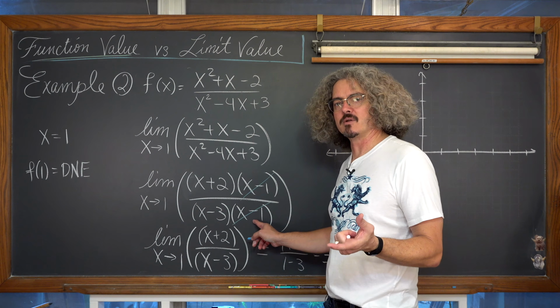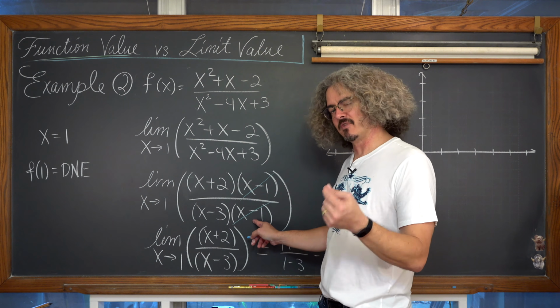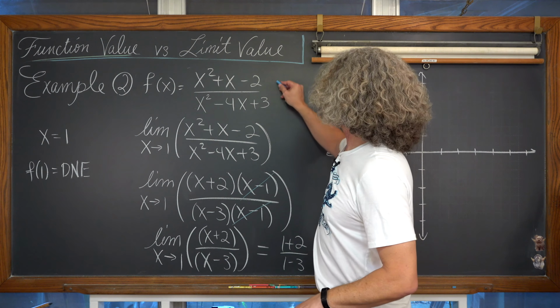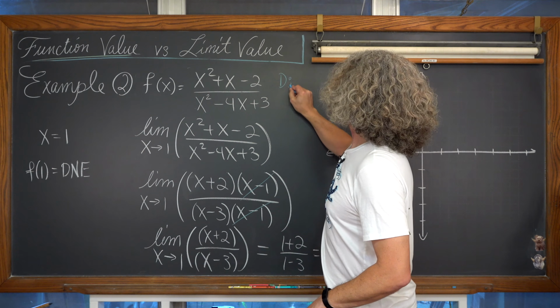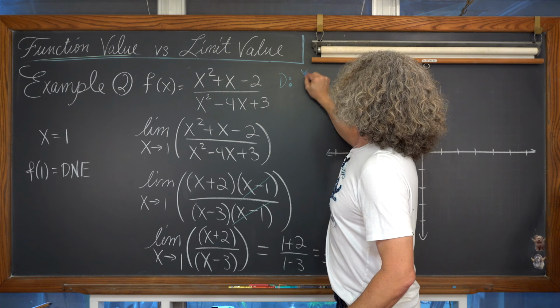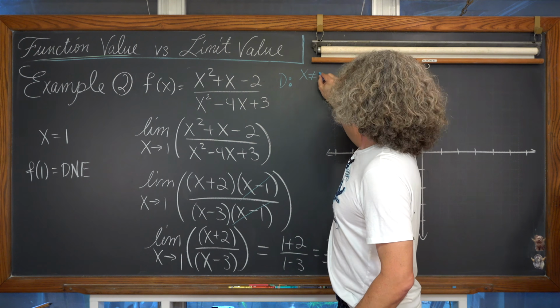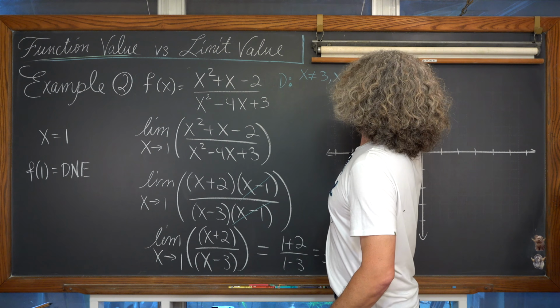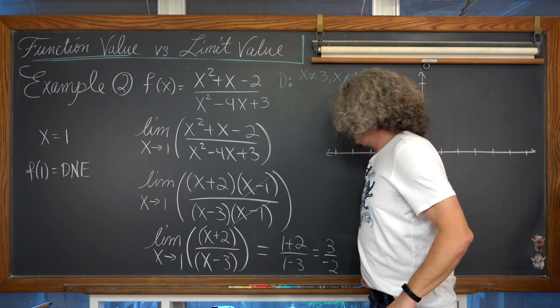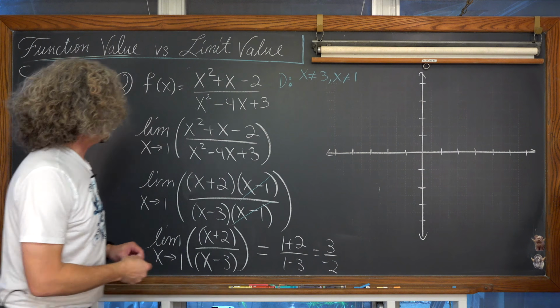Well, you can't divide by 0, whether it's in terms of limits, indeterminate form or not. So our domain for this original function, something that's always a good idea to think of as you start any problem, is that x cannot equal 3 and x cannot equal 1. And the fact that there's a restriction on the domain is why I picked it for our problem, to have something interesting to talk about.